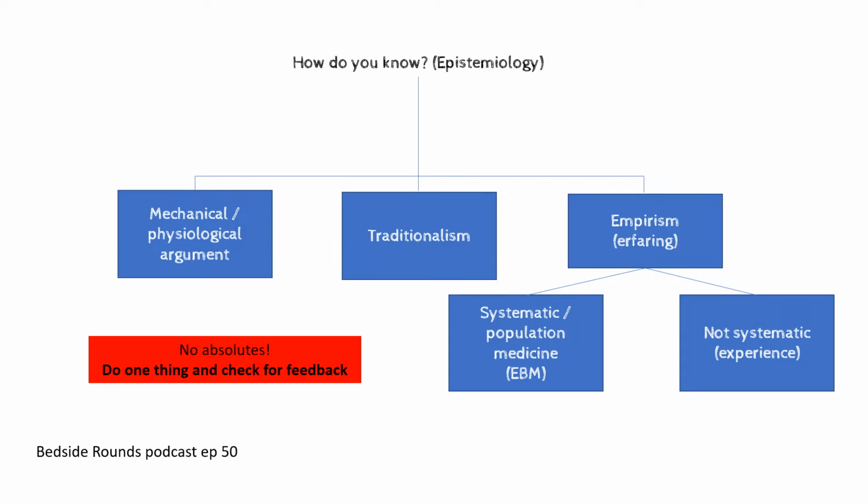So as I alluded to, there are no absolutes here. Oftentimes when you have a patient, like in complex systems, and when you're talking about non-certain data, you need to do a thing and then see what kind of outcome it has.